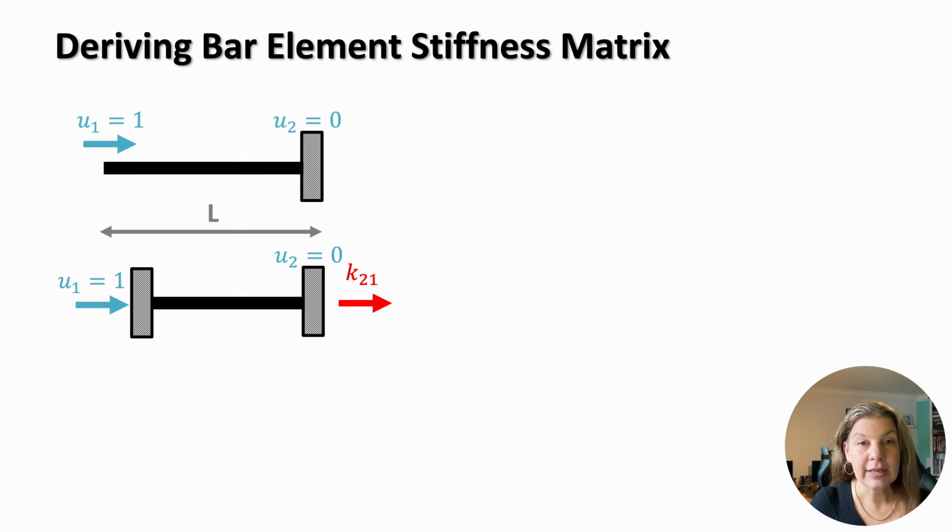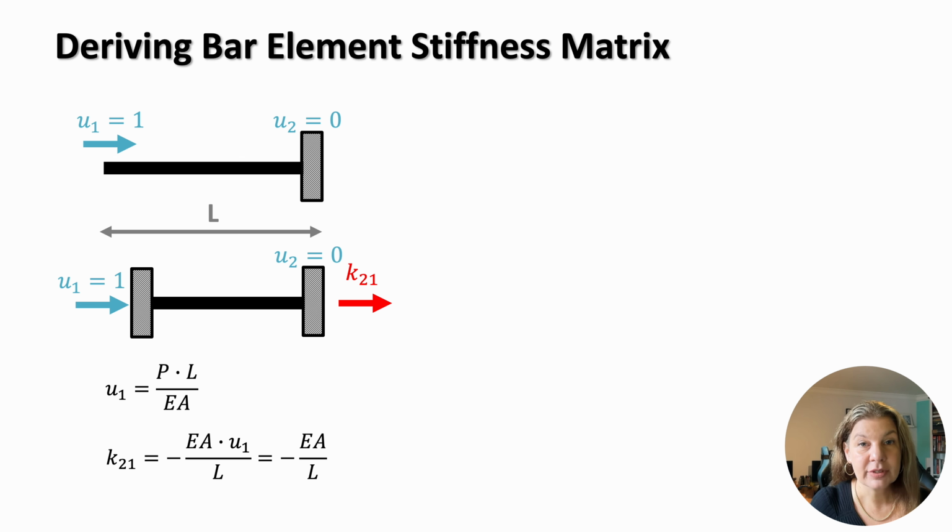If we start by looking at the first case we saw on the previous slide, where we gave a unit displacement at node 1, while the second node is held in position, so u1 equals 1 and u2 is 0, as we saw, an axial force, K21, will develop at node 2. We now need to find this force caused by the unit displacement.